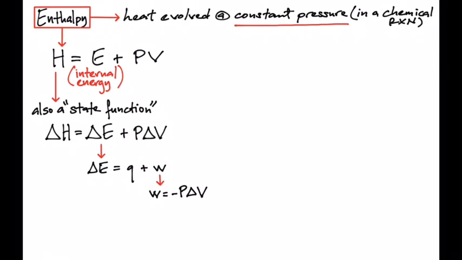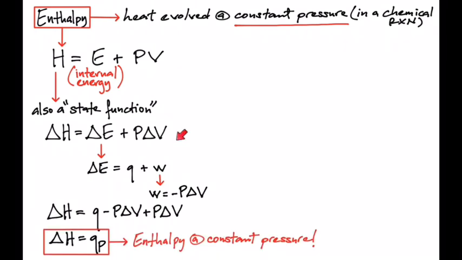Work is equivalent to negative P delta V, and plugging that back into this equation for the change in enthalpy, the work cancels out, and what's left is heat. That's basically the definition of delta H. The change in enthalpy is the heat evolved at constant pressure in a chemical reaction.